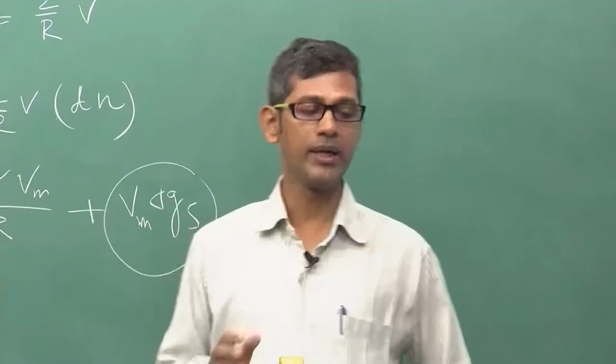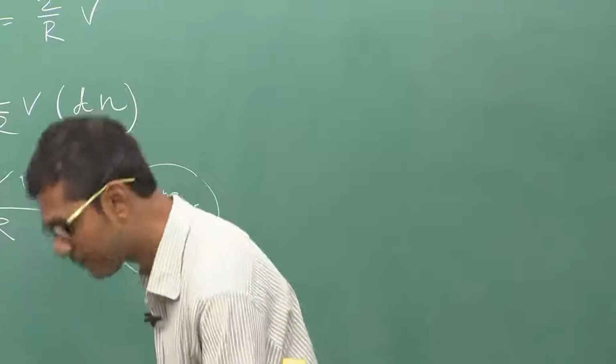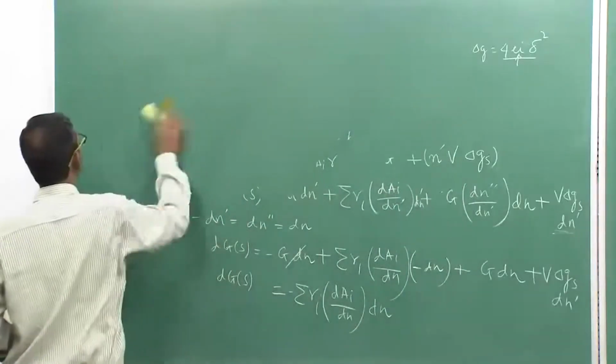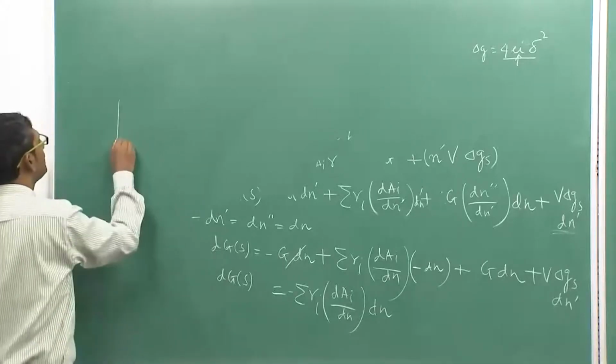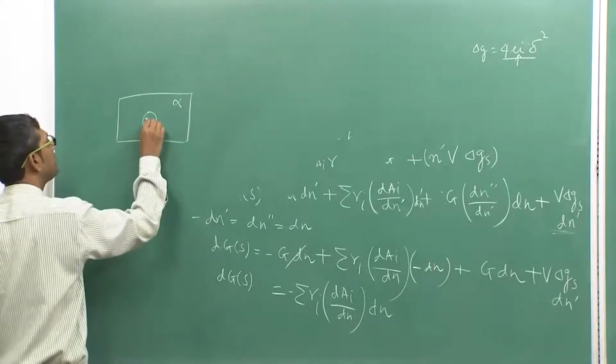One can actually do a simple analysis. Let me give you this as part of your home assignments. Let us suppose I have a matrix and a precipitate beta.